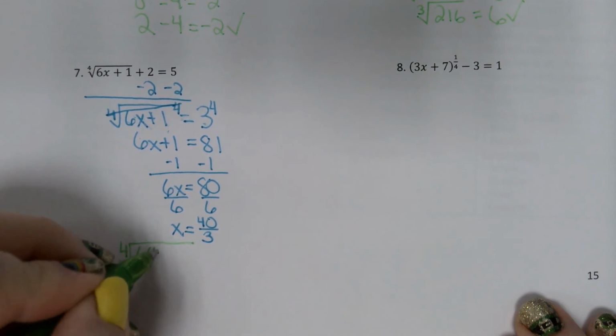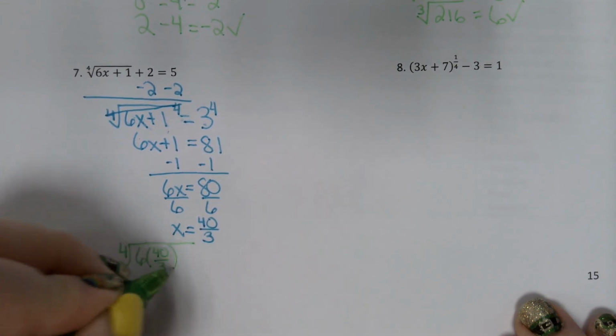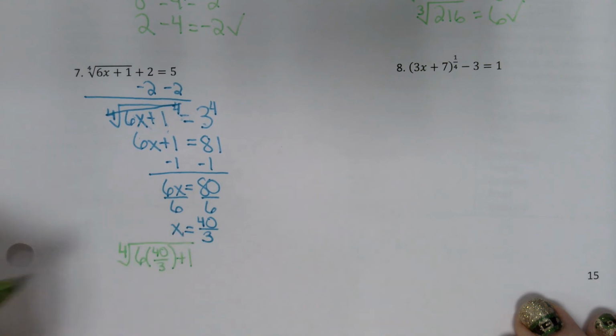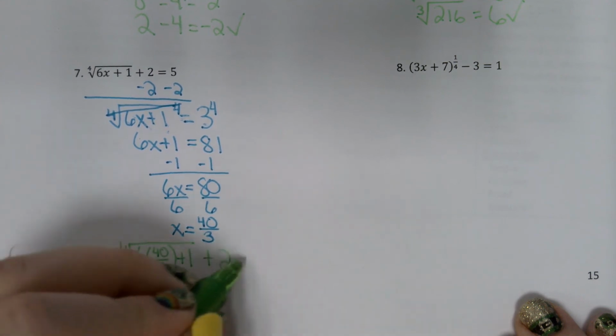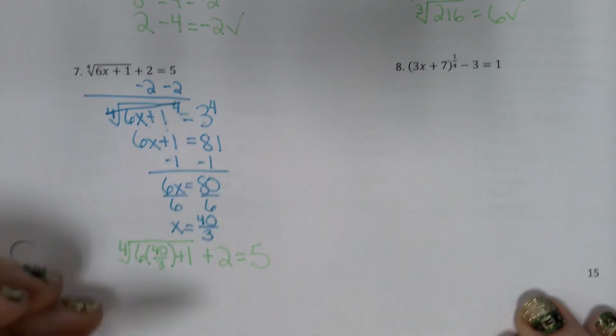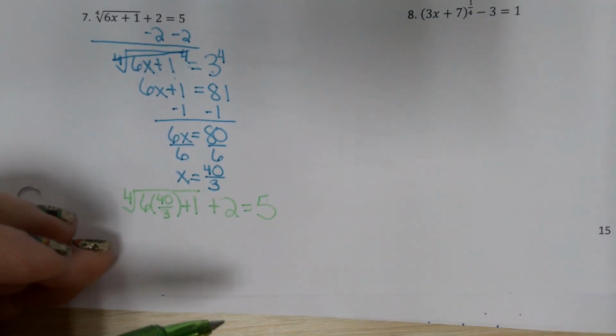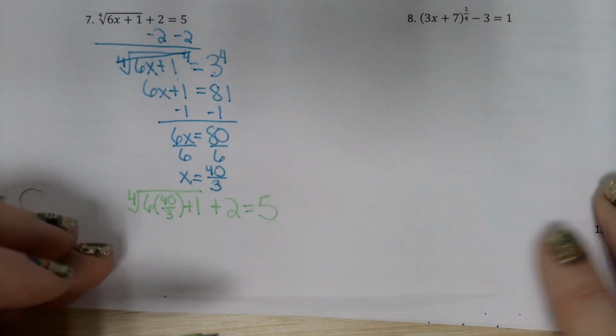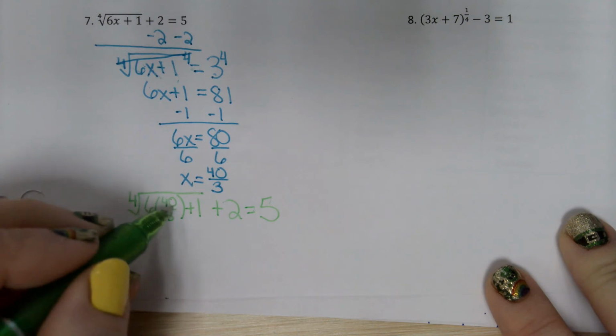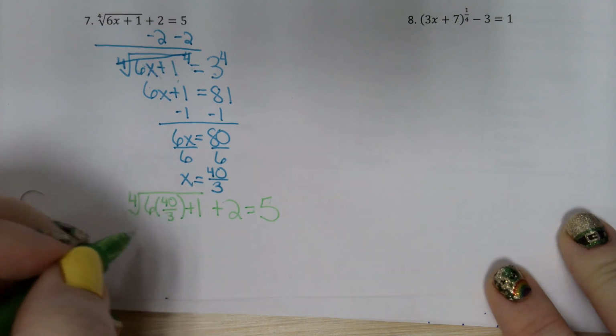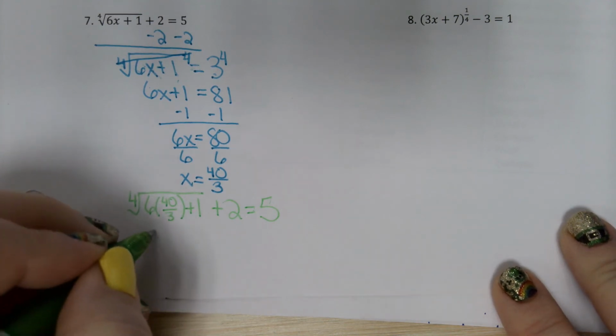6 times 40 over 3 plus 1 plus 2, we want to know if that equals 5. So 6 times 40 over 3 gives me 80.